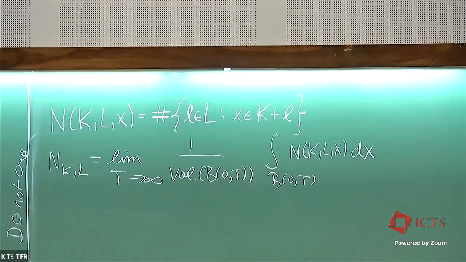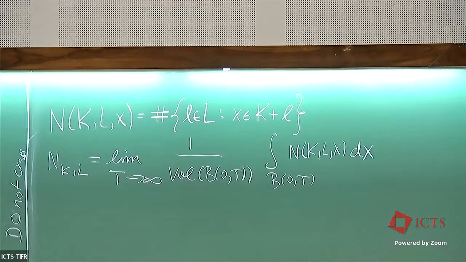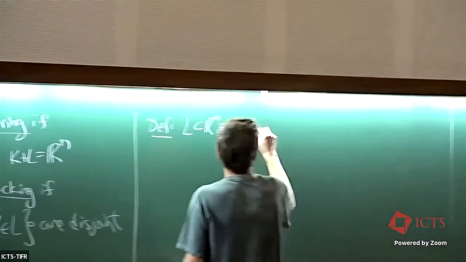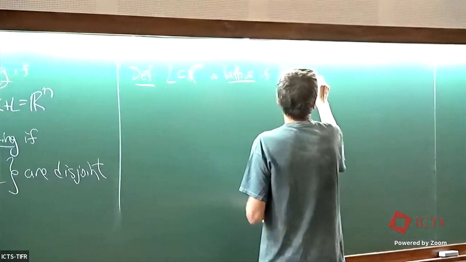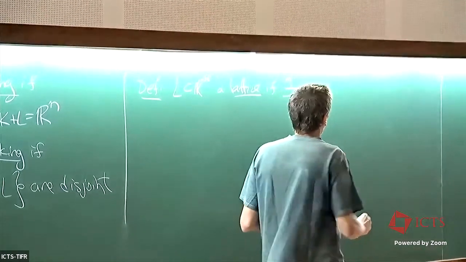Well, maybe before talking about the nearly uniform covers, let me talk about the special case of L being a lattice. You all know what a lattice is, but let me still define it. A lattice is the Z-span of a basis of Rn.